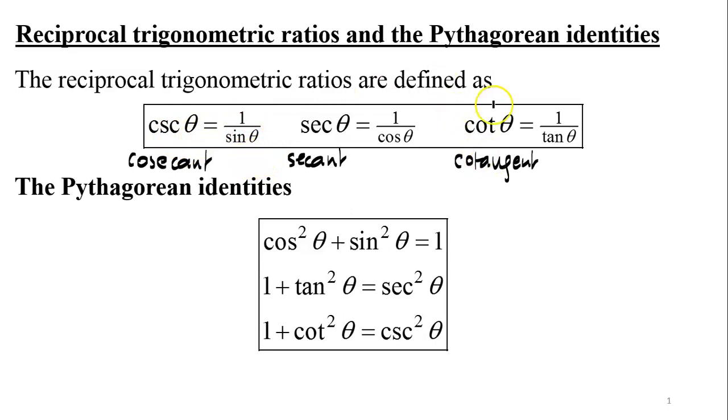Now, regarding tan and cotan, there's no confusion there. Cotan is the reciprocal of tan. But how could you possibly not confuse cosecant and secant and be able to figure out which exactly is the reciprocal of which function, sine or cosine?